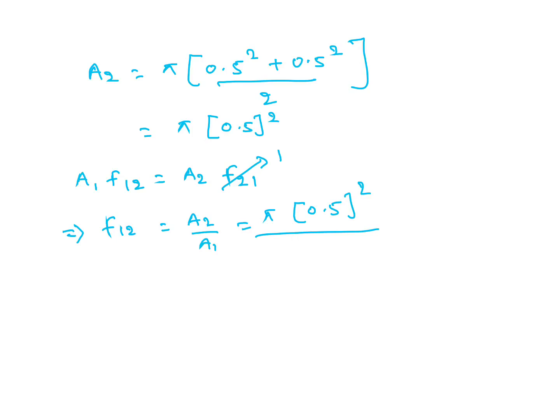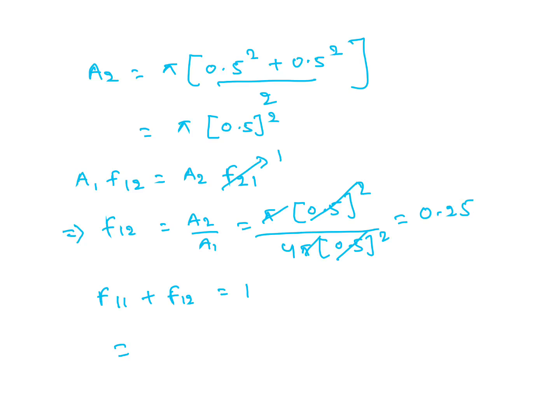Divided by A1 is 4 pi 0.5 square. 1 by 4, 0.25. So F11 plus F12 equal to 1.